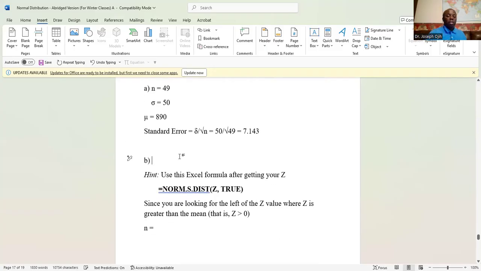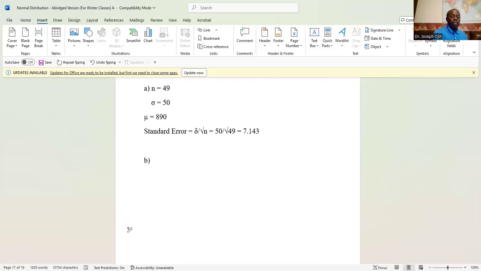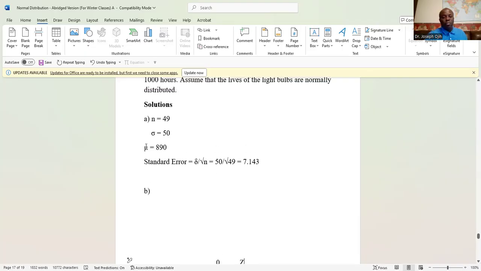So I'm going to draw this chart so you can see how it looks. I got 0, I got Z. First of all, I have to transform this 1000 to a Z. Let me put all these numbers here first.